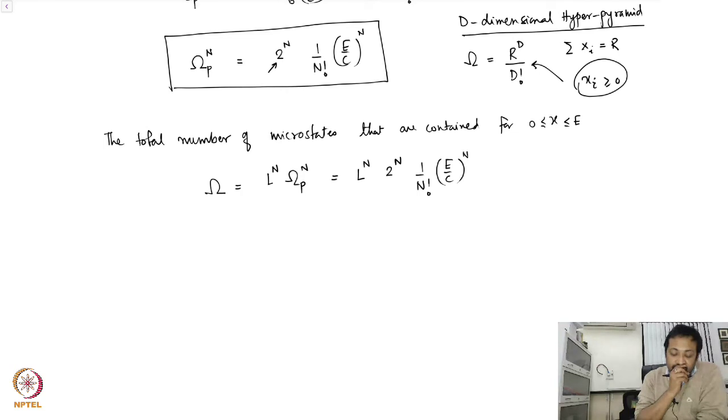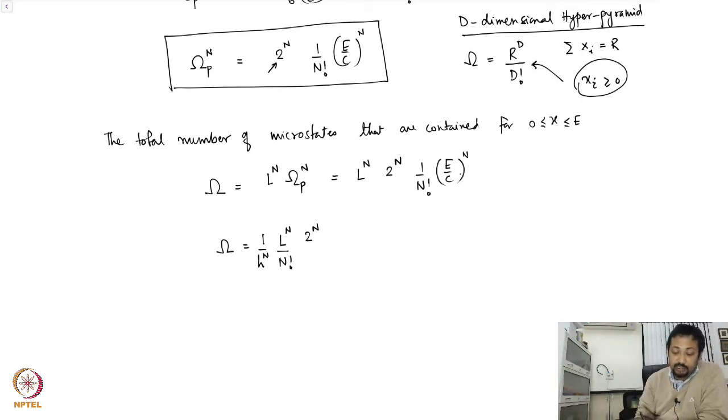Now, we still have not taken into account the indistinguishability of the particles, so that we have omega equal to L to the power n, 2 to the power n divided by n factorial, and there is going to be an h to the power n.